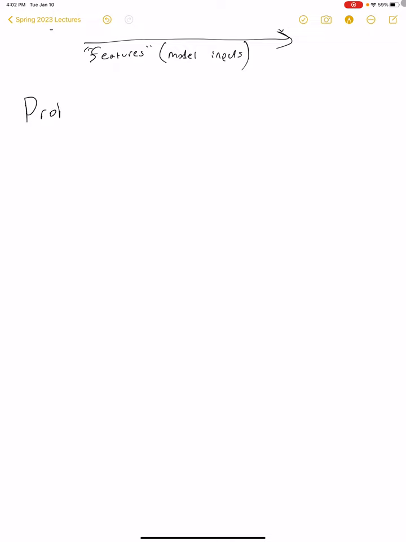Finally, probability is important for many reasons, but one kind of high level reason is that oftentimes our model makes probabilistic predictions. So let's say we have our true value and our predicted value. And I'm starting to introduce notation here that's really common in machine learning.